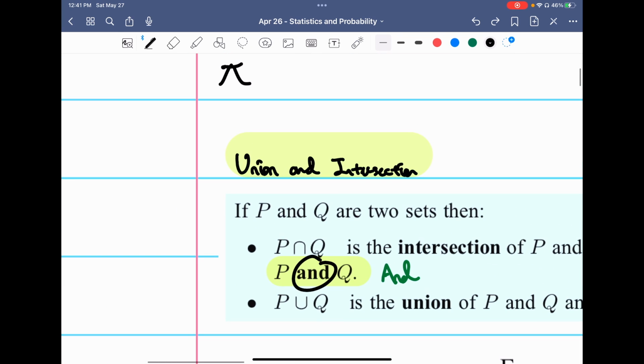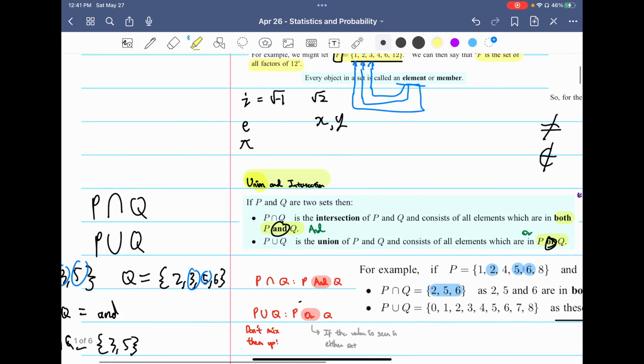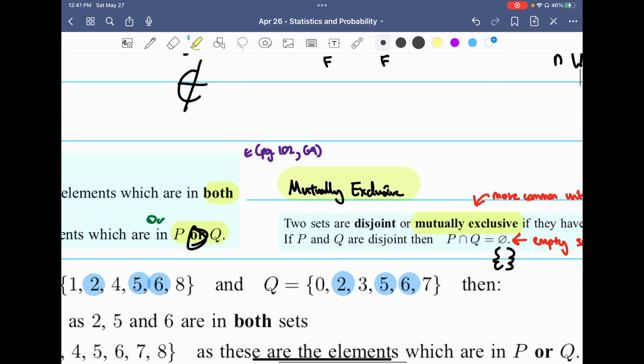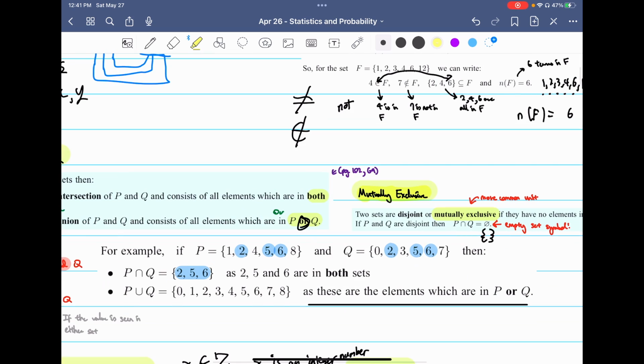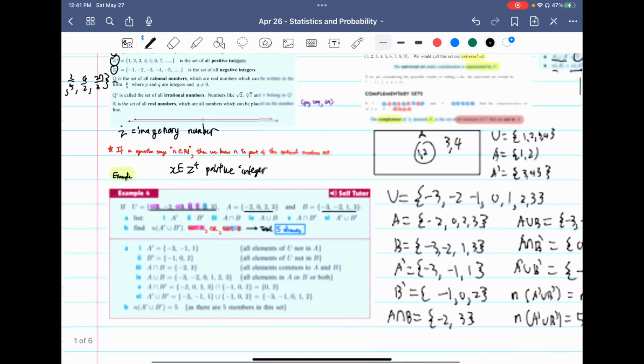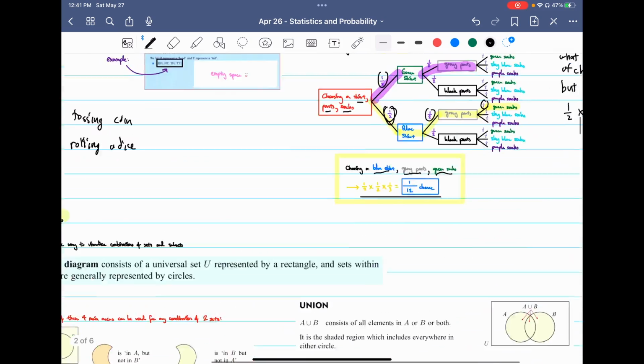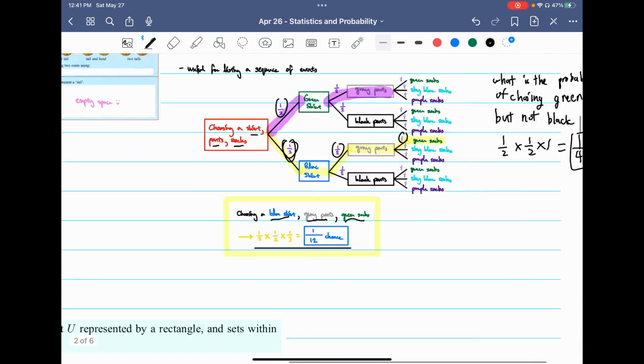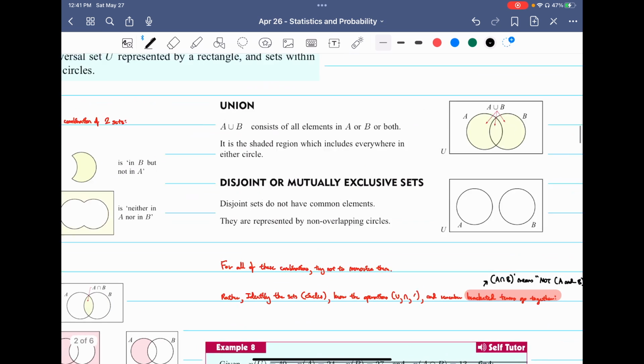Here we have union, and then we have mutually exclusive here. So these terms should be familiar, and if not, I recommend you go back and check on the names.